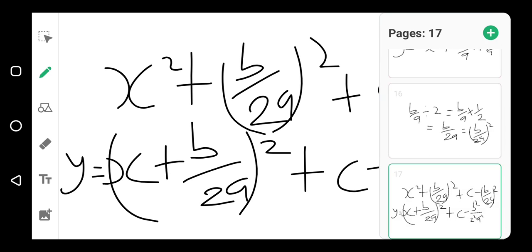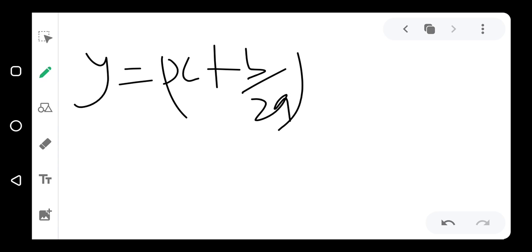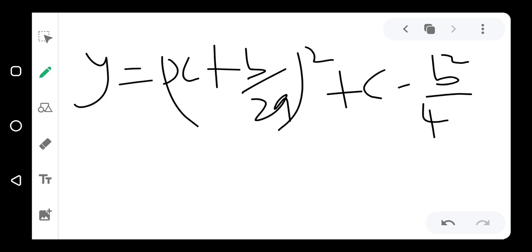Now this gives us y equal to x plus b over 2a, everything squared, plus c minus b squared over 4a squared.